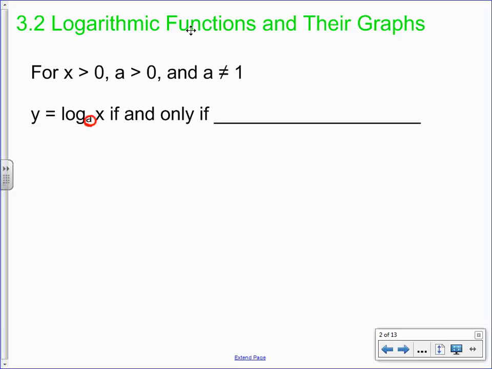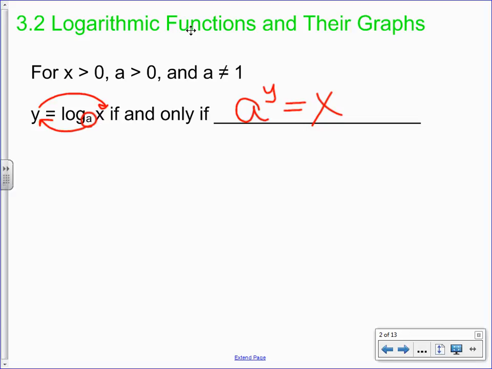What represents the power in a logarithm? Y. A is the base, raised to the y equals x.